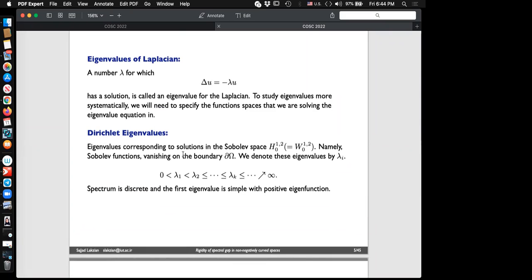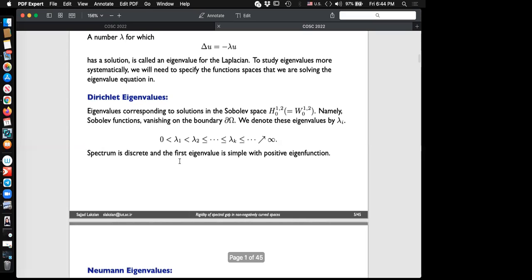And as you know, depending on what kind of boundary conditions we impose on the space, we get a different spectrum.